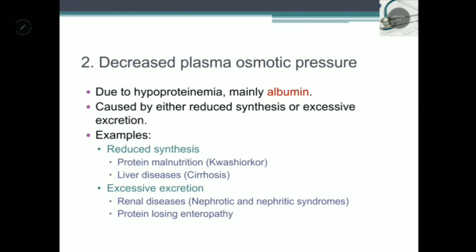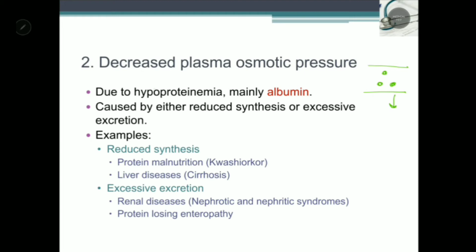The second cause of edema can be decreased plasma osmotic pressure. Now remember, the plasma osmotic pressure is due to the plasma proteins which are present in the blood. Now, if somehow the number of these plasma proteins gets reduced, that is going to lead to decreased plasma osmotic pressure.